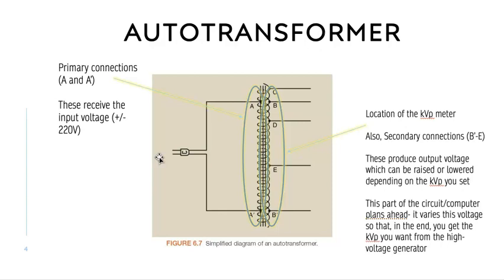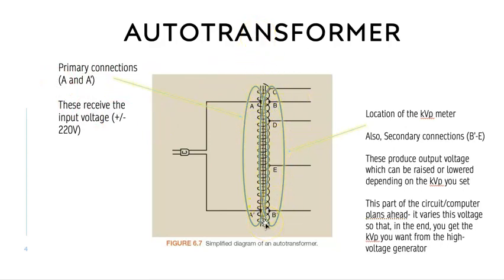We talked about mutual induction a lot in Chapter 5, and we talked about the fact that it can use a certain amount of energy on one side, radiate that energy out, basically, and cause a different level of energy on the secondary side. So an autotransformer does the same thing, only it can do it with one coil of wire.